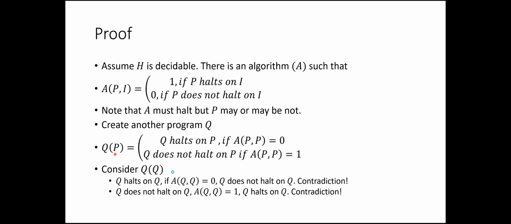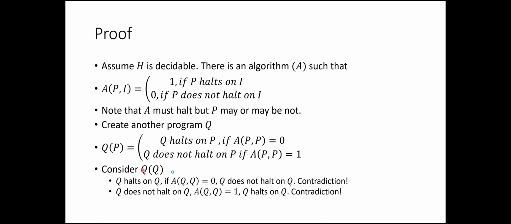So we consider Q and replace P with Q, and the output could be one or the other. First, suppose Q halts on P. Replacing P with Q, that means Q halts on Q. Then A(Q,Q) equals 0, and that means Q does not halt on Q. But earlier you said Q halts on Q, and now you also say Q does not halt on Q. That's a contradiction.